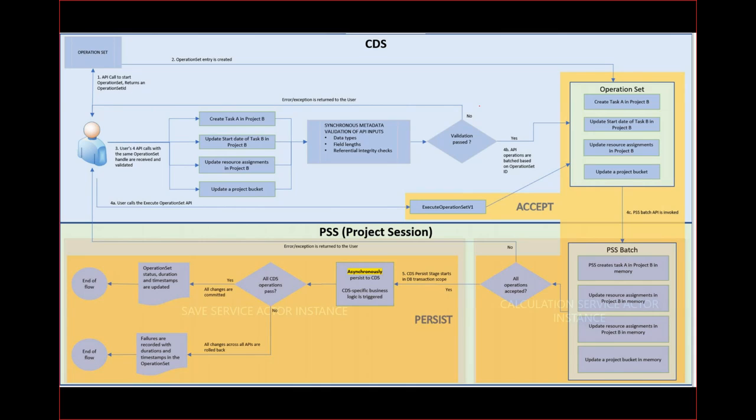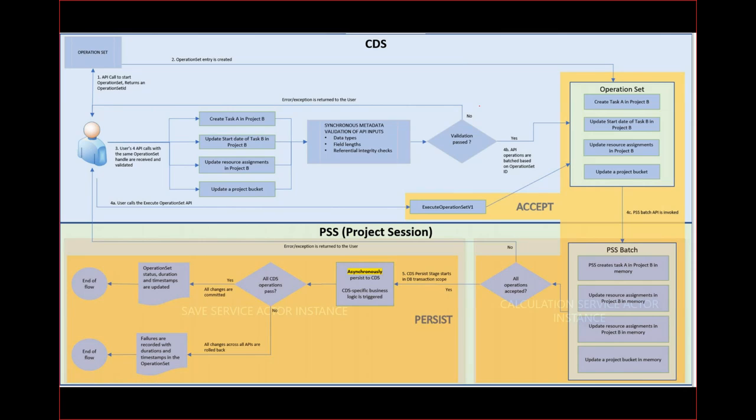Each time we are adding something into the operation set, that call will verify that the parameters are okay. If parameters are okay, and we have all our requests in the operation set, our next step is that we're going to call the execute operation set. Basically, we're going to give the operation set to the project scheduling service.